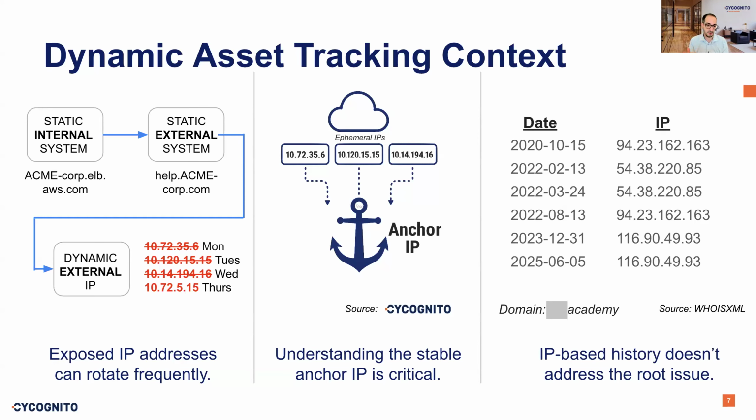So if your asset management tool is based on seeds and you have to give it an IP range, obviously that's going to change all the time. I'm hearing from some non-CyCognito customers that they actually gave up on dynamic IPs, which is a bit crazy. They don't monitor them. They will only monitor some URL-based, FQDN-based assets because they don't know how to handle it.